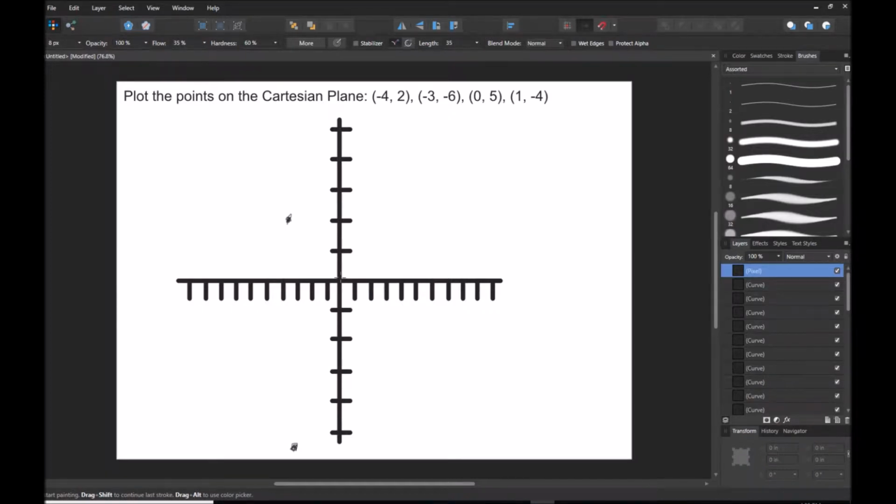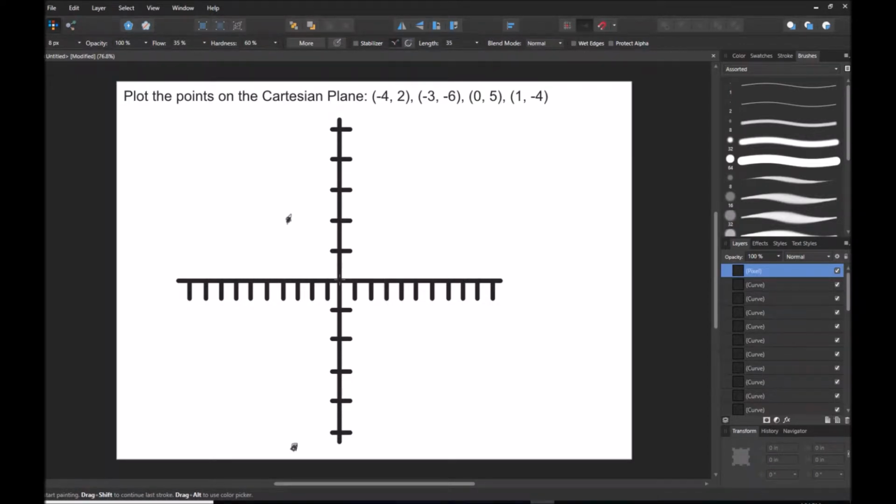And then our next point that we're given is 0, 5. So if you're given a 0 on the x value, it means your point is going to be somewhere along this y-axis, or on the origin if your point is 0, 0. If you're given a 0 in the y value, your point will be along this x-axis, or 0, 0 if both points are 0.